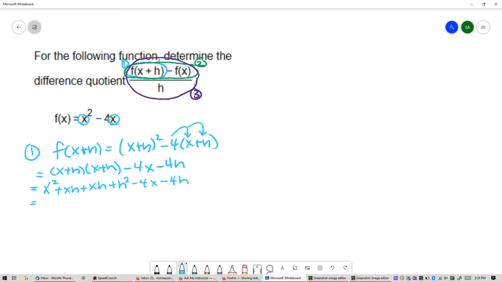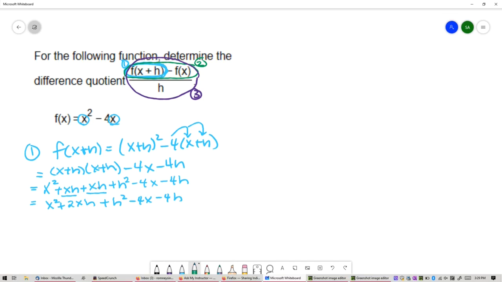I do have some like terms here. xh and xh combine together to be 2xh. And other than that, I don't have any other like terms, so I'm just copying everything else down. So that is calculating just that piece of the difference quotient.